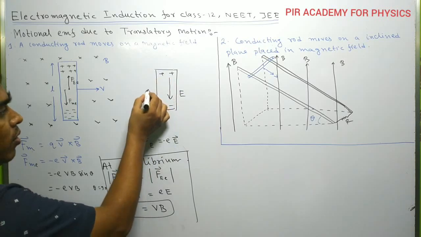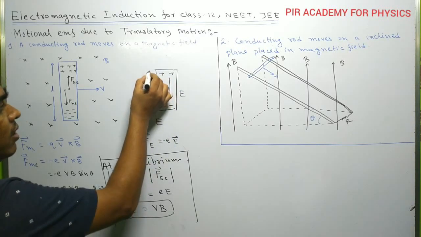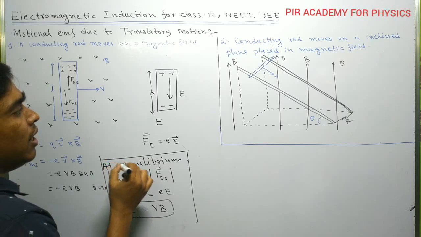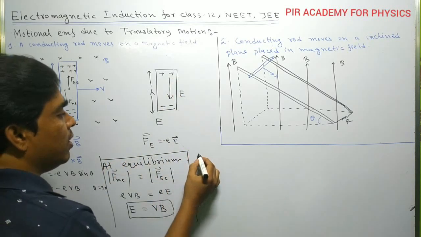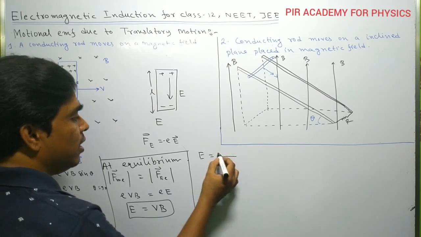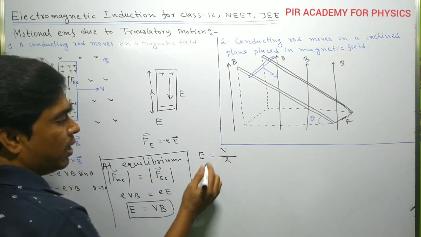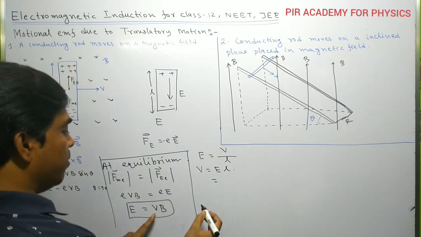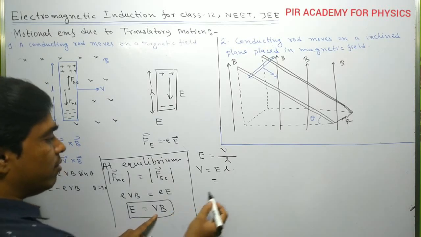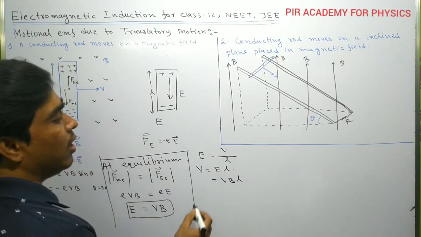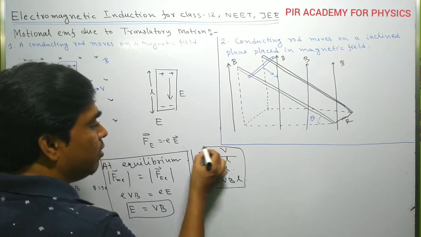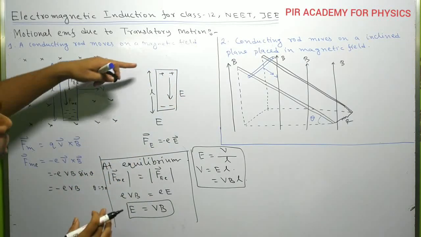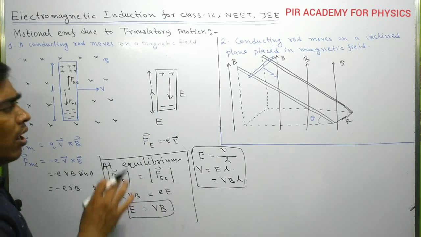Now you have to find out the voltage difference. The length of this conductor is L, and the relation between E and V is E equals V by L. That means V equals EL. Here the value of E is vB, and the length is L. This is the voltage difference between the two ends of this conductor.